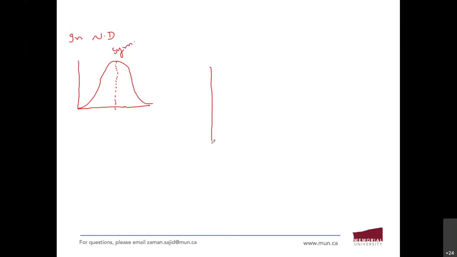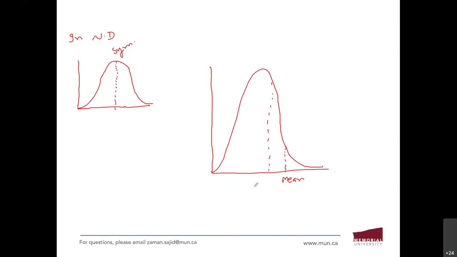So I'm going to draw one more graph here. Now this is the graph for log normal distribution, where I have my mean lying here somewhere. The median is lying here. And my mode is lying here. This point is my mode.